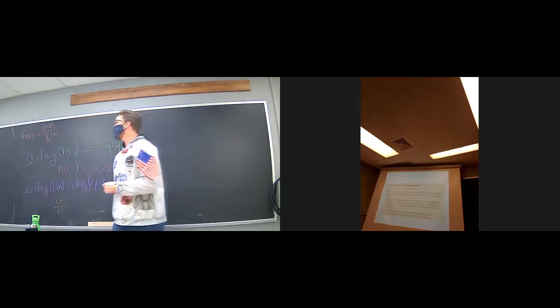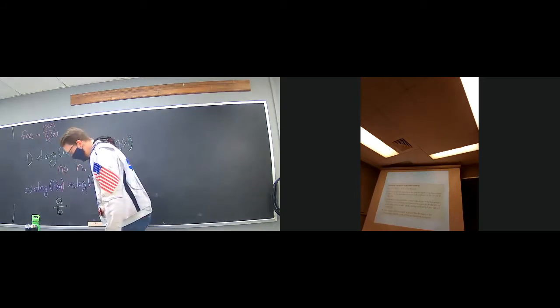In which case we have a horizontal asymptote at A over B, where A over B is going to be the leading coefficients of your functions. So A is the leading coefficient of P, B is the leading coefficient of Q. That sucks because I just dropped that.